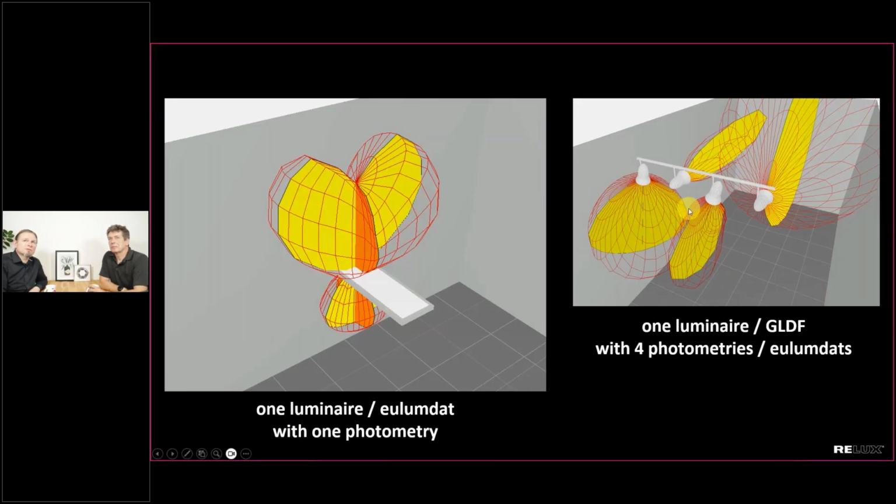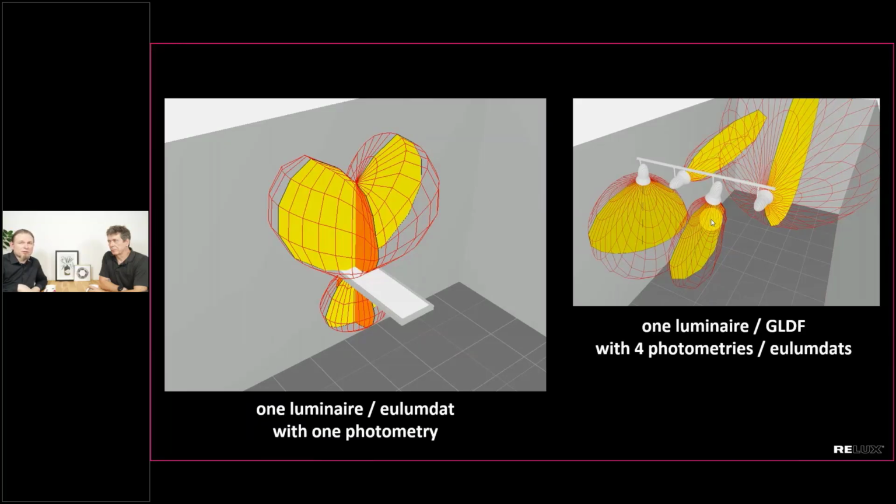This is what we see here on the right side. There are multiple here. We have 4 Oilumdat files connected to one luminaire. The luminaire can contain more than one light output, more than one photometrical file, and even more complicated: each of these outputs can also have different variations and different Oilumdat files stored in the GLDF as variants. So that's why it's important to understand the difference between a luminaire data file, like GLDF or ROLF, and a photometrical file like Oilumdat or IES.